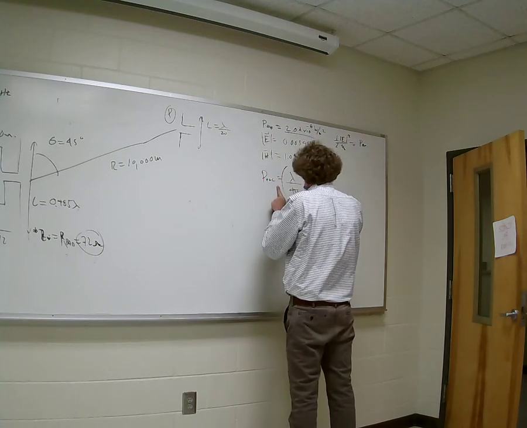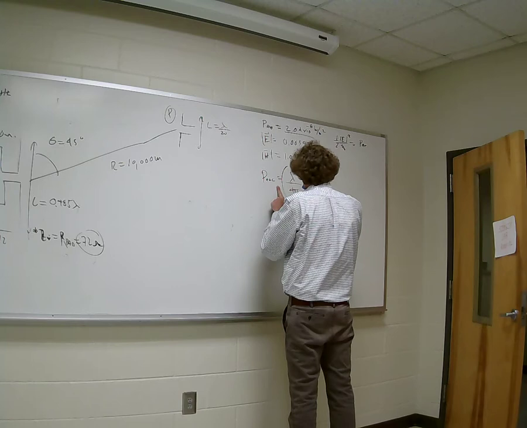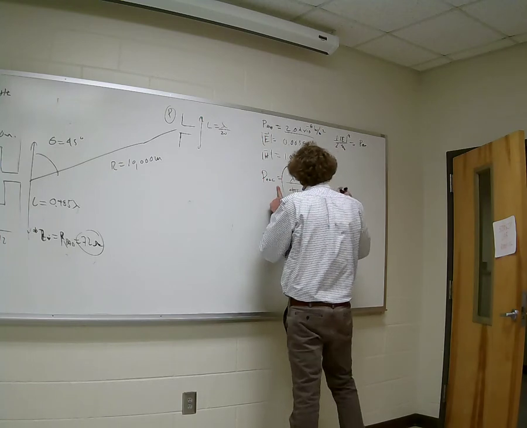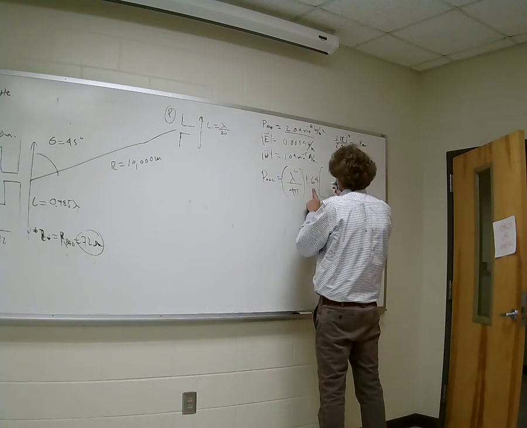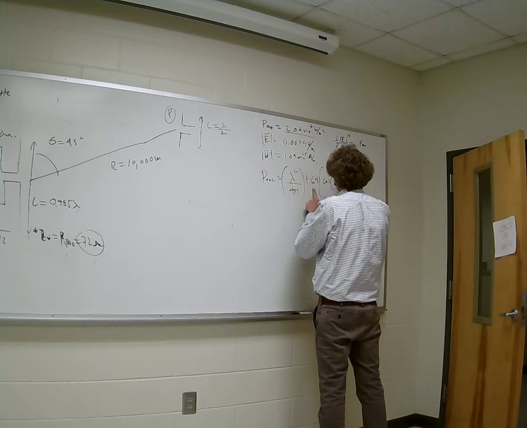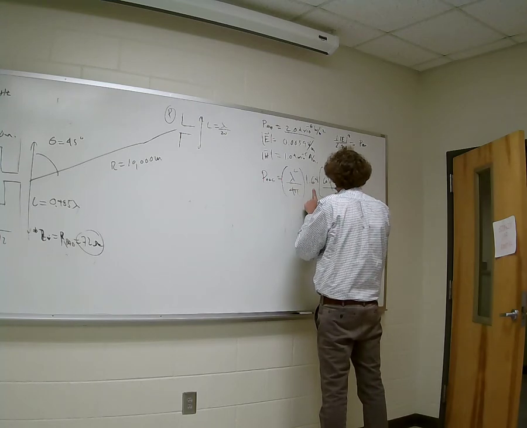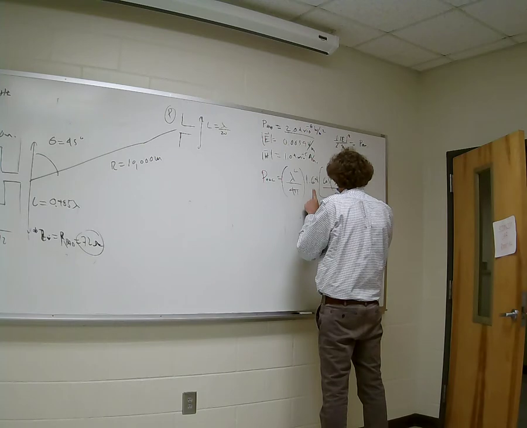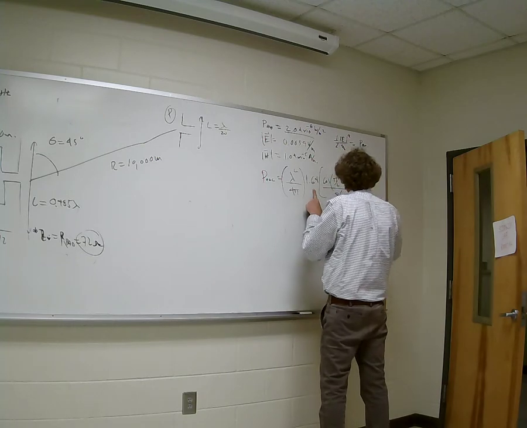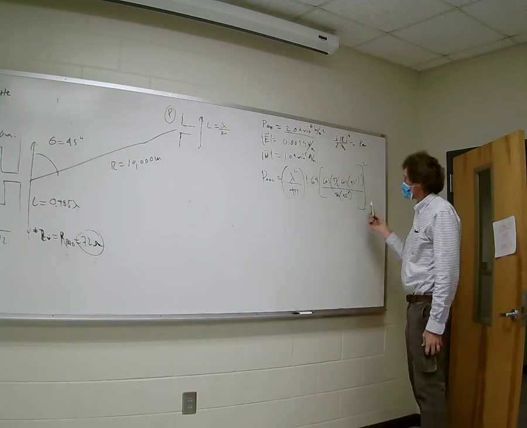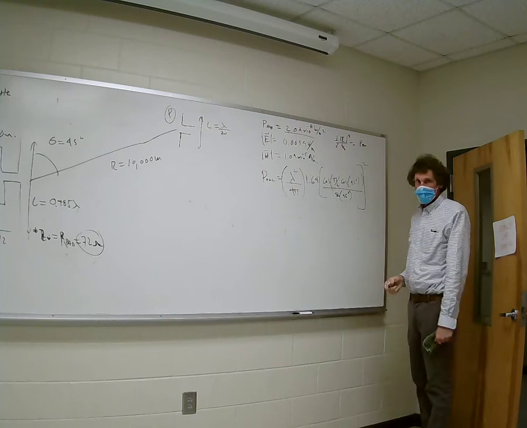The directivity is 1.64 times cosine of pi over 2 times the cosine of 45 degrees over the sine of 45 degrees, that whole thing squared. You're going to get tired of doing that, so you're going to store this somewhere usually. Y'all follow me?